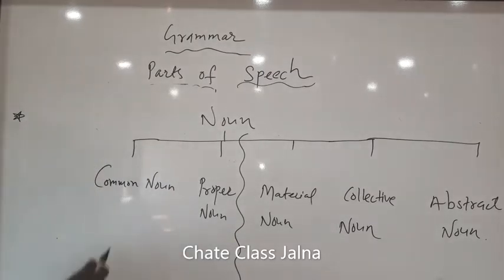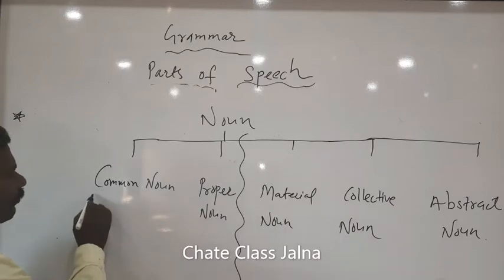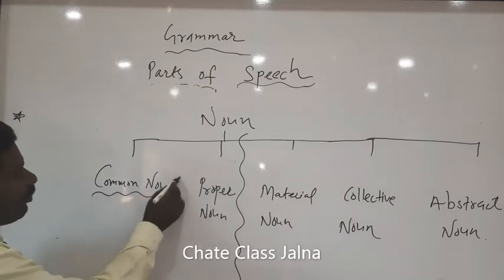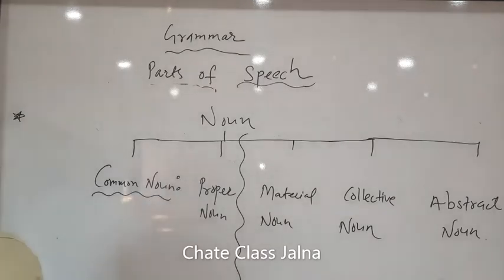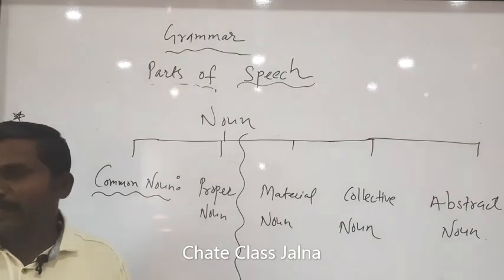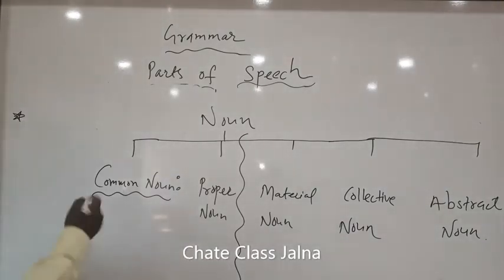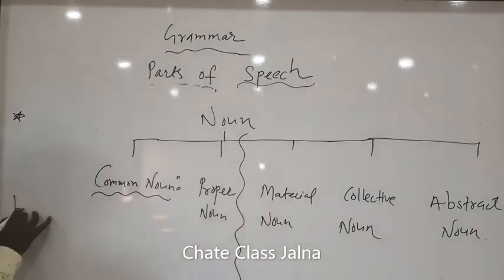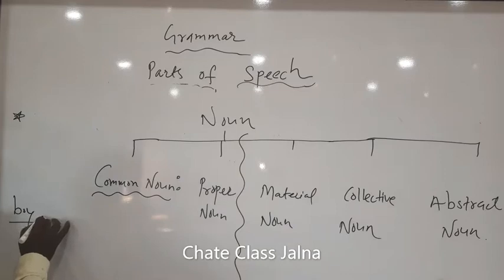So here in common noun and proper noun, the noun which is the common name given to the things or animals or something. Common noun is common name given to something. For example, it is said by all, boy. It can be anybody, boy. So in boy, it can be said by anyone.